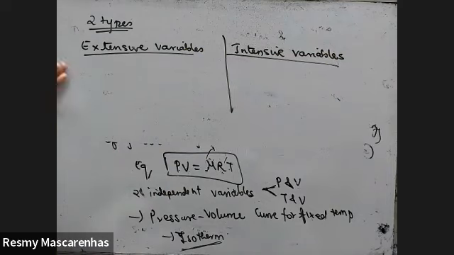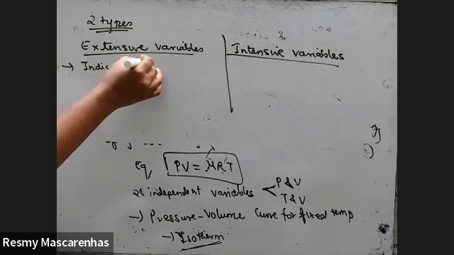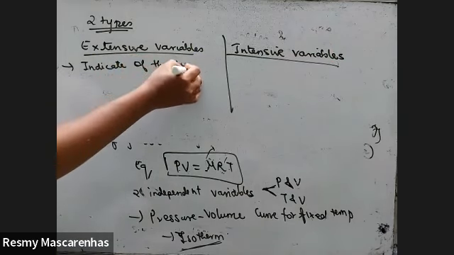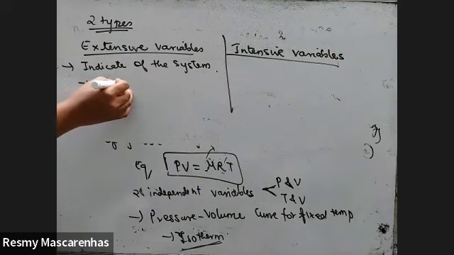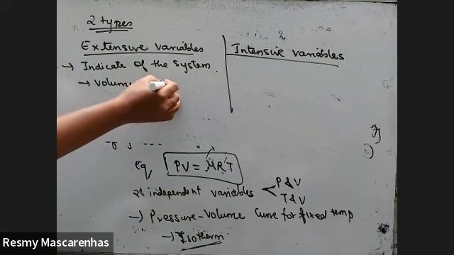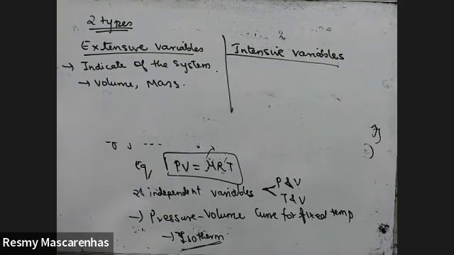Extensive variables indicate the size of the system, they tell you how big the system is. So what do you think can tell you the size? That would obviously be volume and mass, which tell you the size of the system.